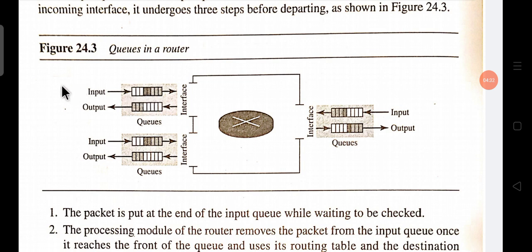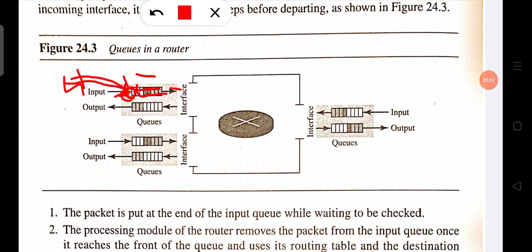Let's say we send four packets. The four packets enter the queue and wait for processing. Whenever this queue is full, or one place is vacant, these four packets are placed inside and wait for their turn.